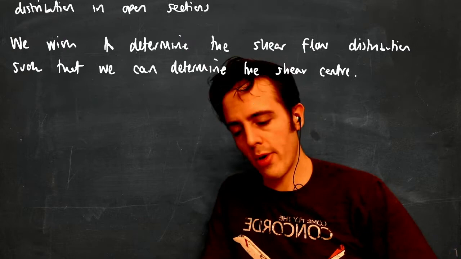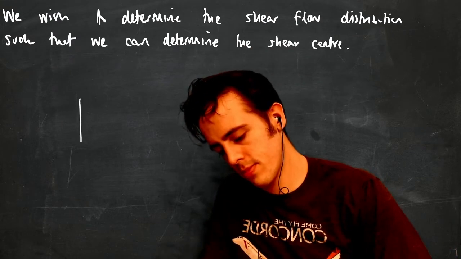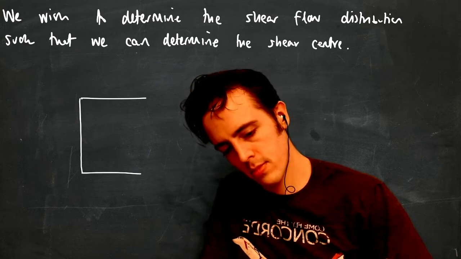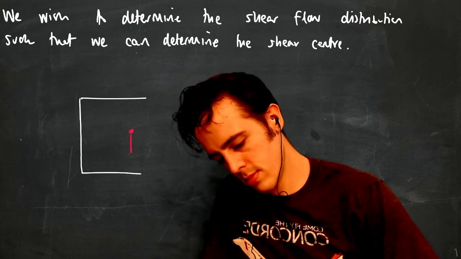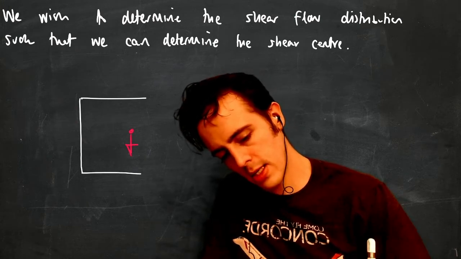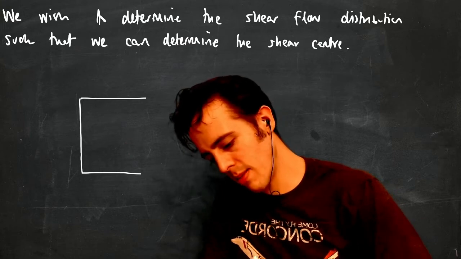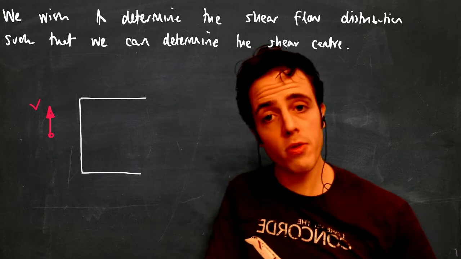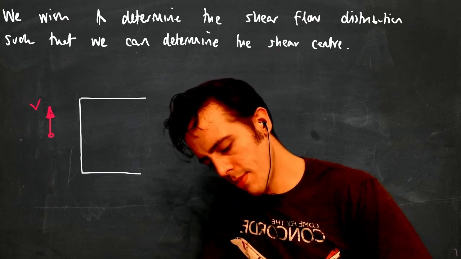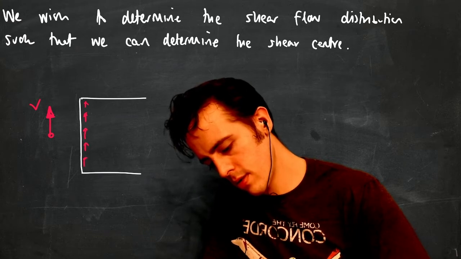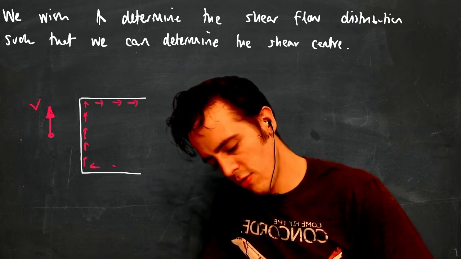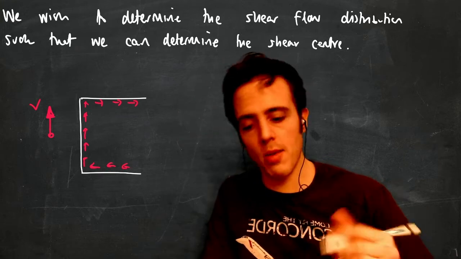So for our open section, let's draw where it could possibly be the shear center. Let's say I've got my externally applied force V here, so that must produce shear flows of magnitudes that you guys would be able to determine now.